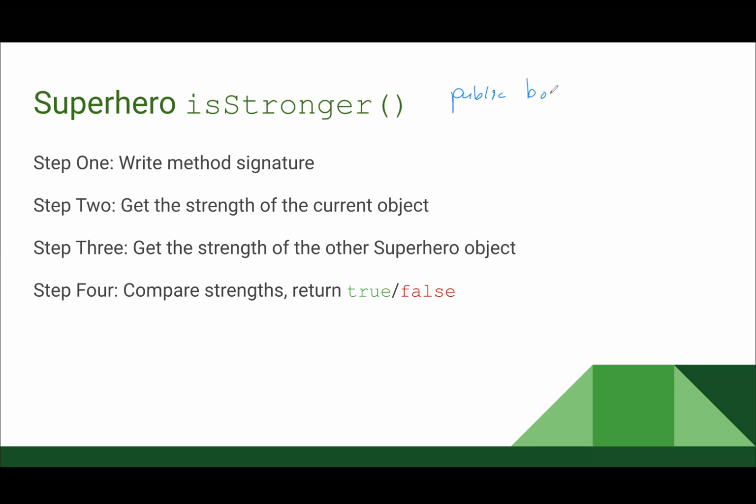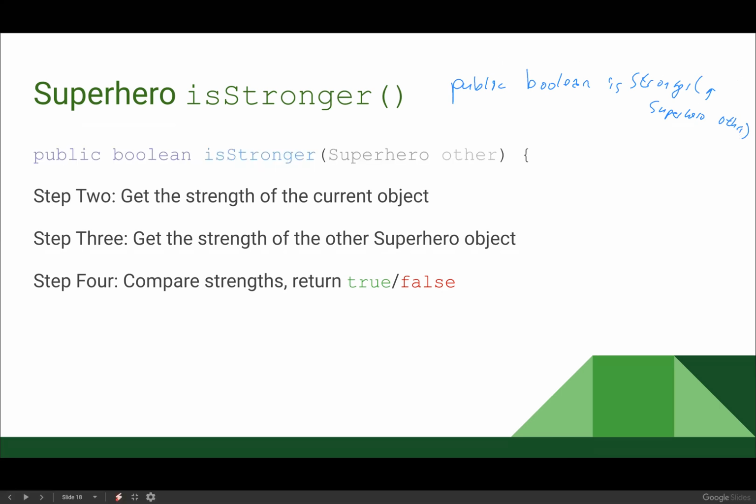We're going to return a Boolean. And then isStronger, and we're going to have a superhero as a parameter. So we can compare the other superhero with this superhero.